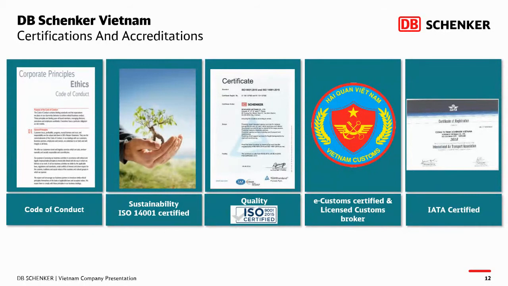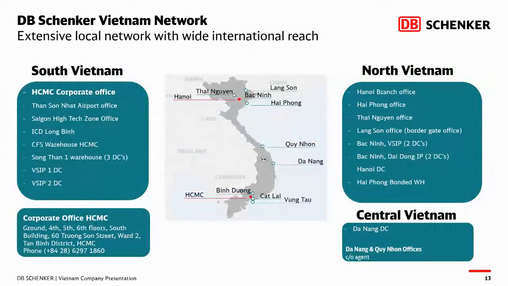Maybe you didn't have a chance to hear of that in school or university, but this is actually the fact. Without those things, we cannot run our business. So just a quick review, here is the full picture of what we have today. We have offices and locations along Vietnam from north to south.